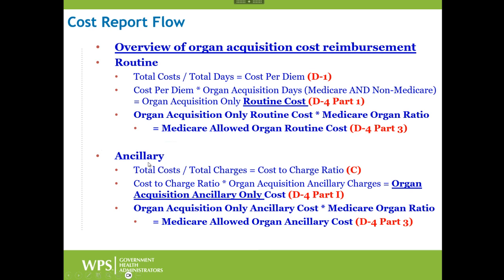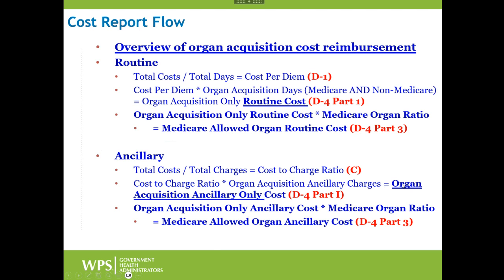Then we have the ancillary side. Again, our first step is similar to what we've done for all ancillary costs. We develop the cost to charge ratio. But the difference here is that cost to charge ratio, again, is going to be multiplied by organ acquisition only ancillary charges. All payer types, Medicare, non-Medicare, doesn't matter.